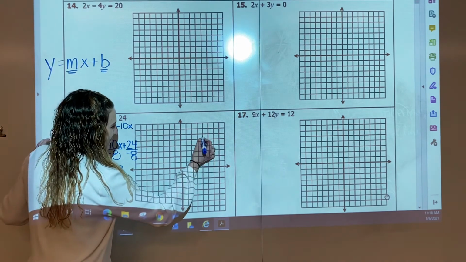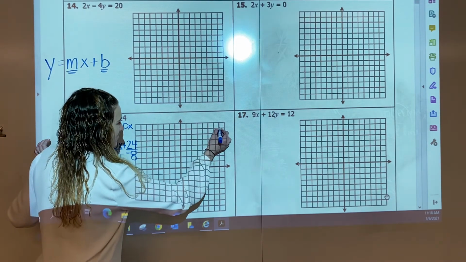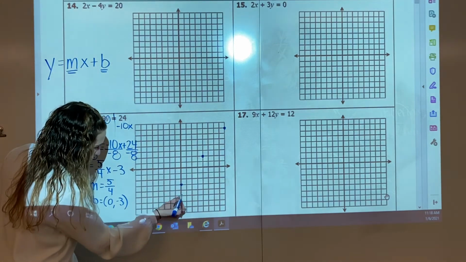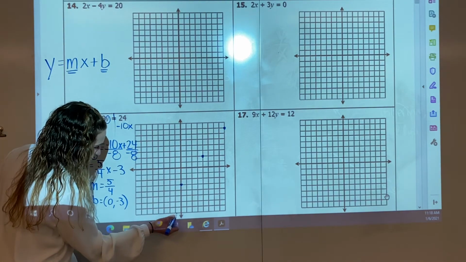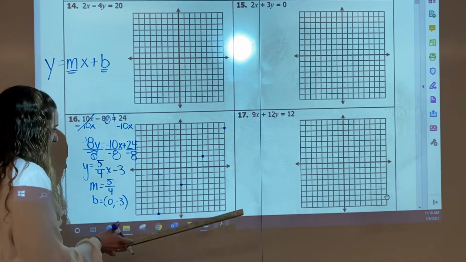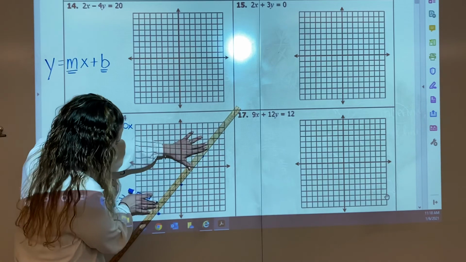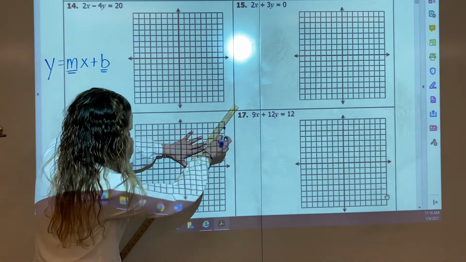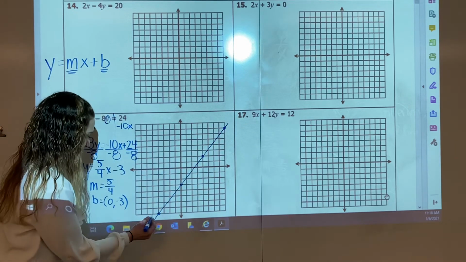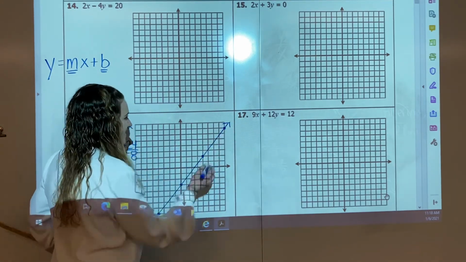Then I'm going to try to go down 5 and over 4. 1, 2, 3, 4, 5. 1, 2, 3, 4. Excellent. Draw my line. Lots of points on there. Should have an accurate line. Looks good to me. And draw your arrows.